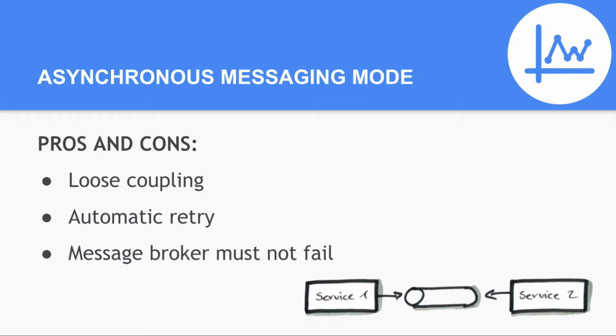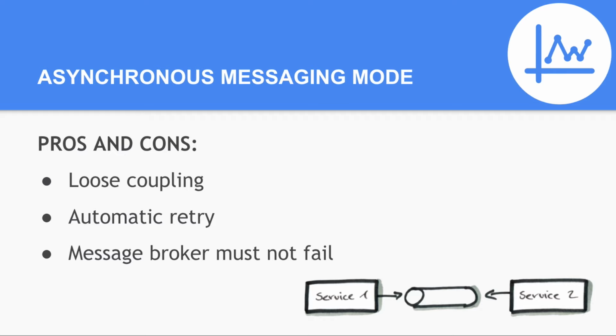The first advantage of this mode is that it creates loose coupling between services. Messaging makes services loosely coupled, since the second service doesn't need to be available at the time the first service sends the message.